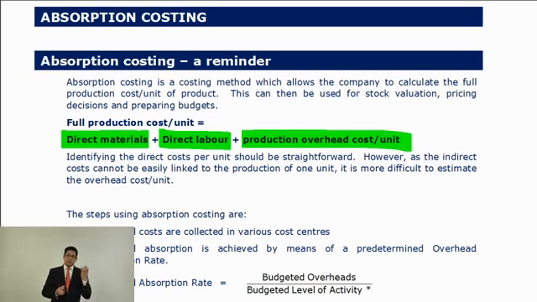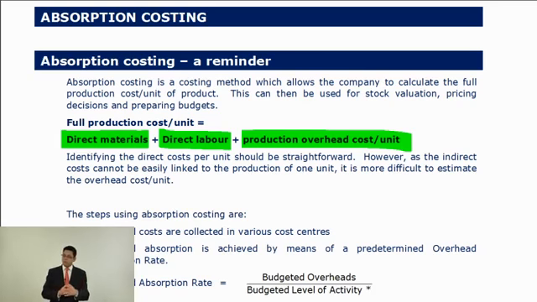For direct materials, all you need to know is a couple of things. Number one, the usage of direct materials, meaning kilos, meters, liters, etc. And secondly, the price of those meters, liters, and kilos. So quantity multiplied by price gives you the cost of direct materials in one unit.